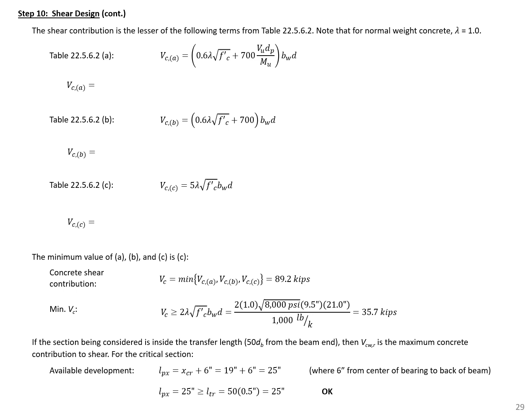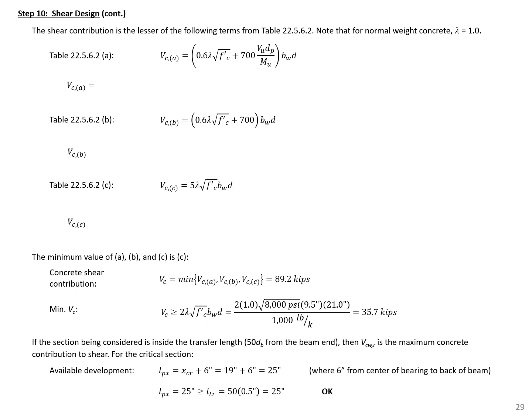In the simplified procedure, we take the minimum of these three V_c values and make sure it's greater than or equal to this value here, 2 times the square root of f'c b_w d, and that'll be our V_c.